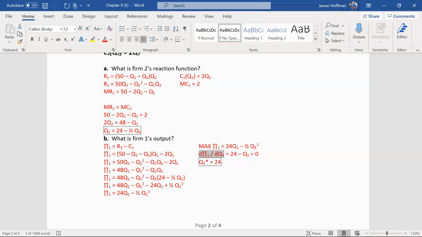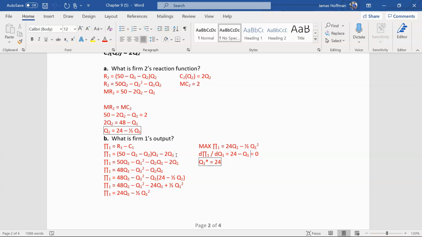So it should simplify nicely here, where we differentiate that with respect to Q1, and we get 24 minus, this Q comes down, and minus 1, so we just get 24 minus Q1, and set that equal to 0, because you want the slope to equal 0, because that's when profit is at its maximum point.